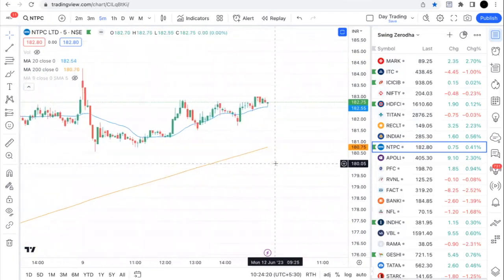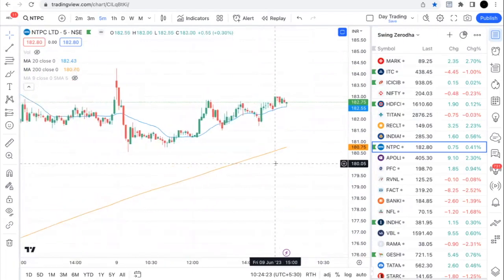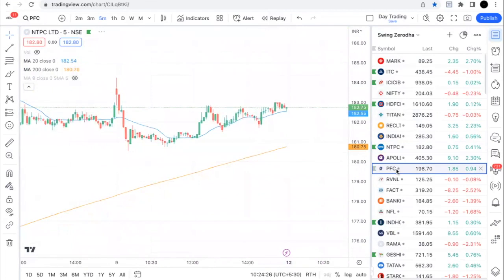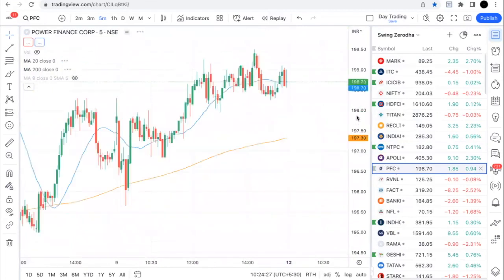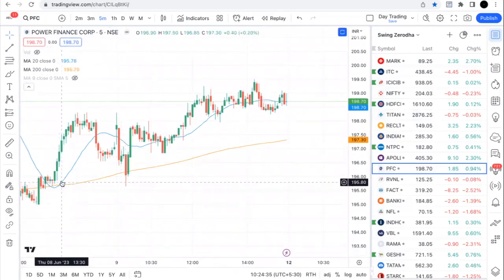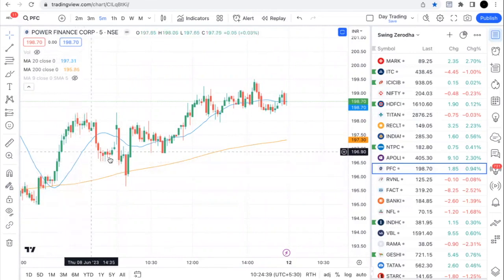So look for entries where you are close to the 200. PFC. Again, the 20 is just rising just above the 200, very close.